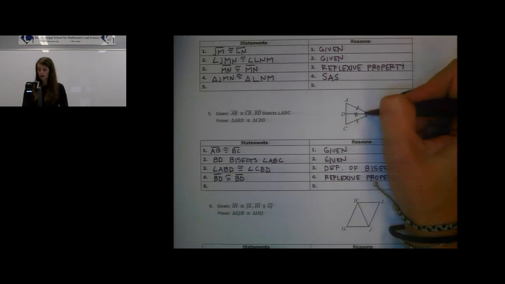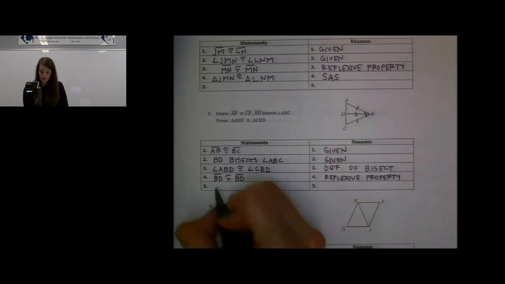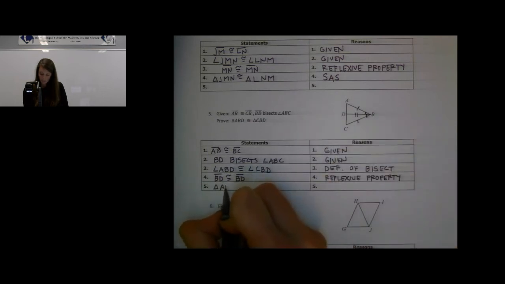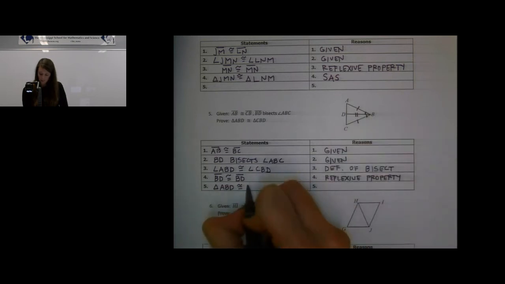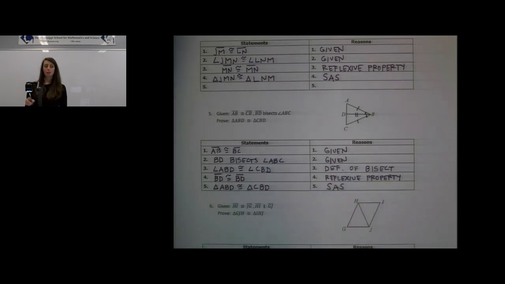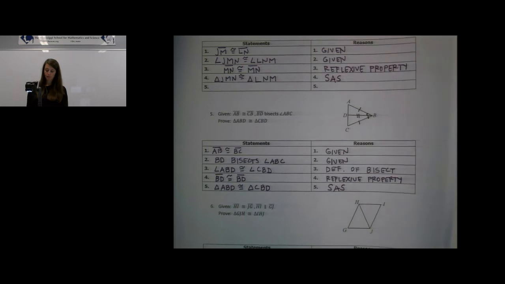We have a side, the included angle, and a side. So now I've got that triangle ABD is congruent to CBD by SAS, side, angle, side. Okay? All right, y'all do number 6 for me.